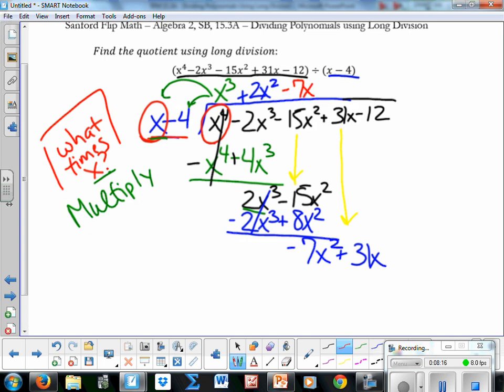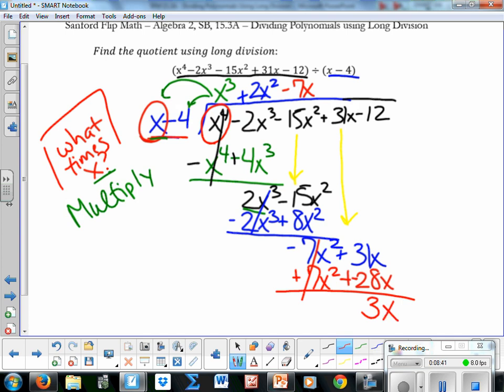Negative 7x times x gives us our negative 7x squared. Negative 7x times negative 4 is positive 28x. Opposite, opposite. We add, those two cancel. 31x plus negative 28x gives us 3x.